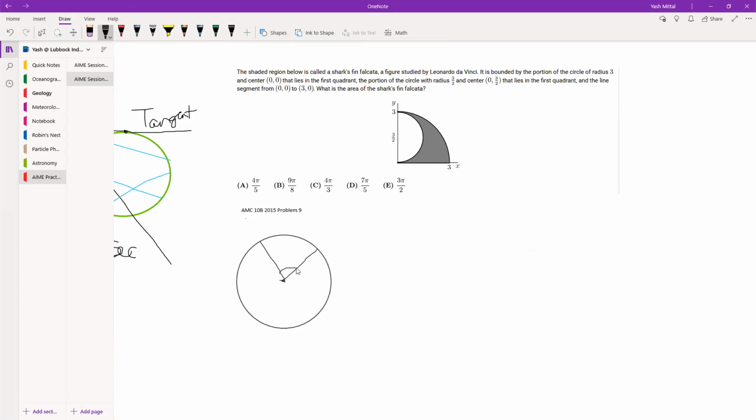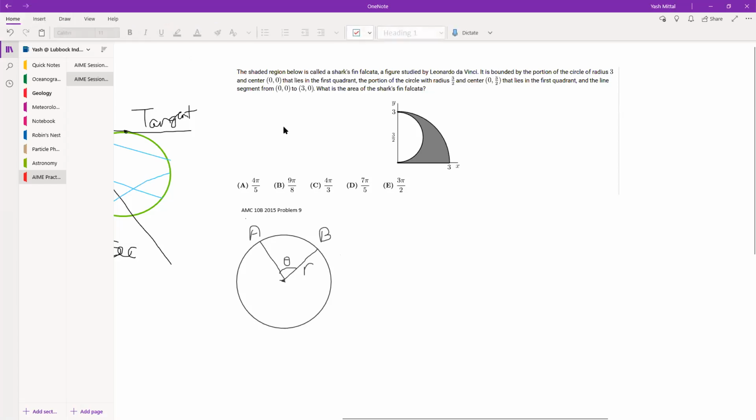Let's say the sector is subtended by angle theta, meaning that the angle formed by the two radii is some angle theta. We can make it whatever we want. And then let's call this arc AB. Then we have the radius r.